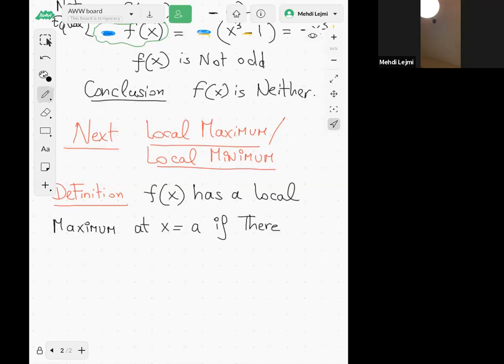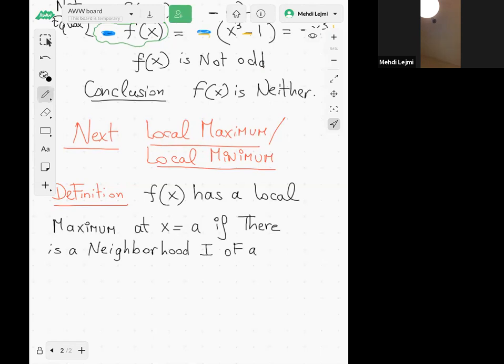So we have a local maximum at x equal to a, if there is a neighborhood, let's say I of a.